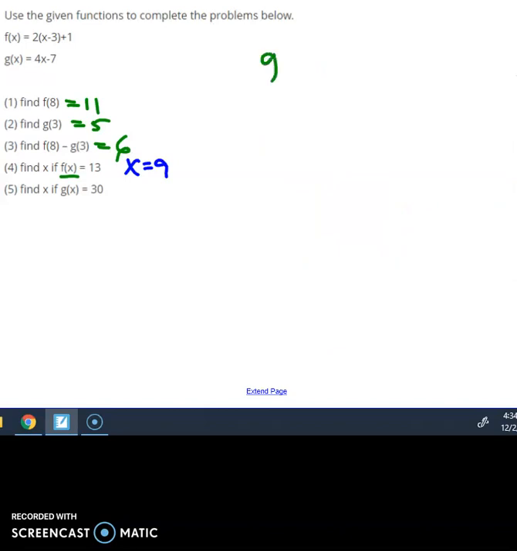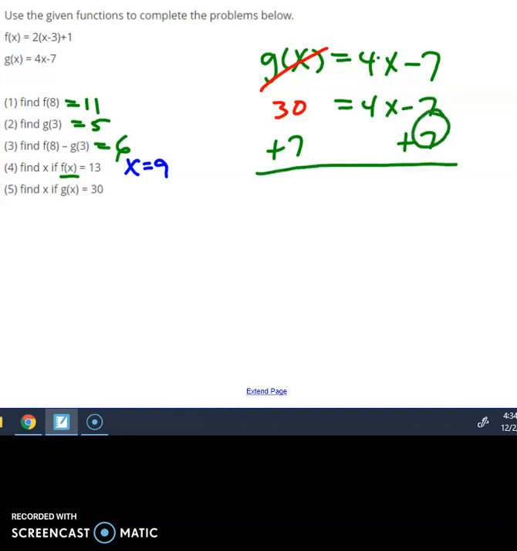And then the last one, g of x is equal to 4x minus 7. And we're replacing g of x with an answer of 30. So first step is add 7 to both sides. So 37 is equal to 4x. Then we're going to divide both sides by the 4.